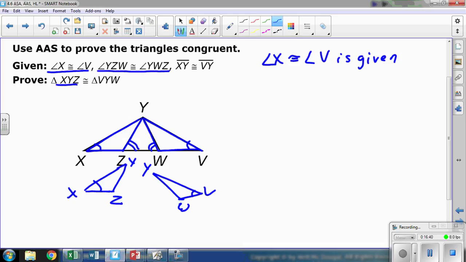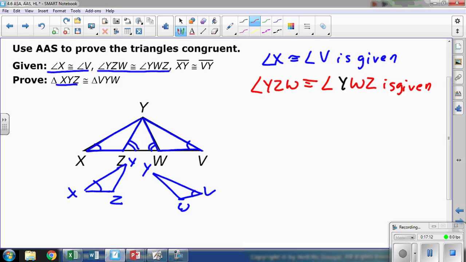Well, is that in our list of angles? Is that something that's going to help us out with the checklist? Not directly, not as an immediate one step. What we would need to put down: angle YZW is congruent to angle YWZ. That piece is given to us.